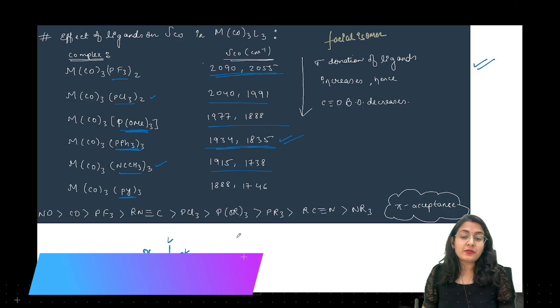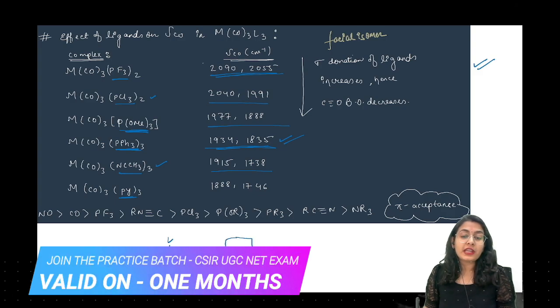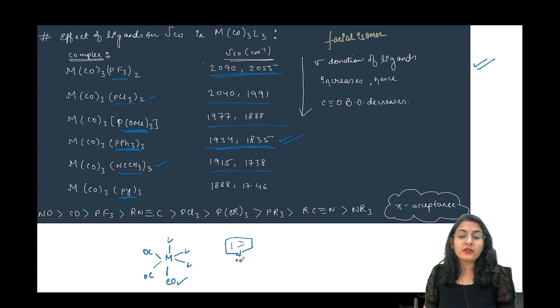Pyridine, again, the nitrogen lone pair can only do one thing, it can only be donated. It is not involved in resonance. So again a strong sigma donor, so 1888, the least frequency, this is going to be. So when you are having phosphines, there is a variety of carbonyl stretching frequencies based on the donor ability of the phosphine.